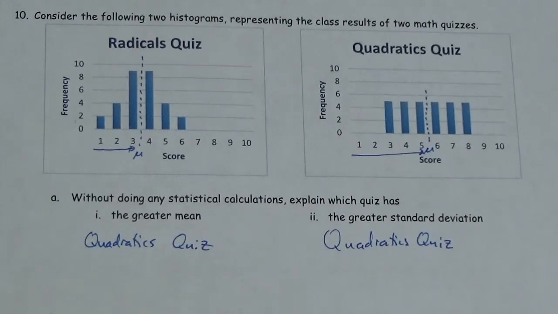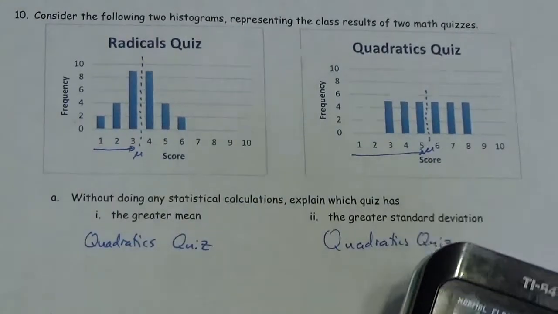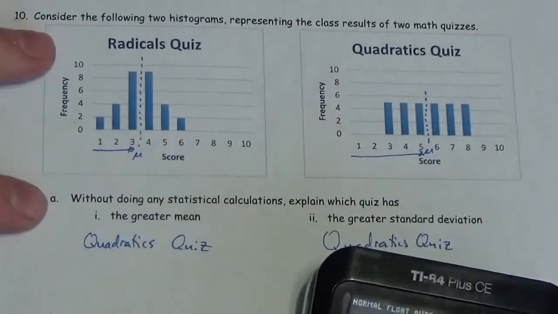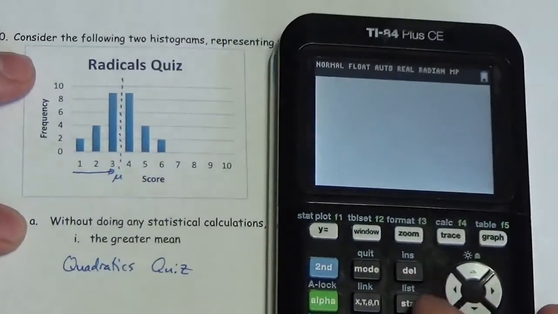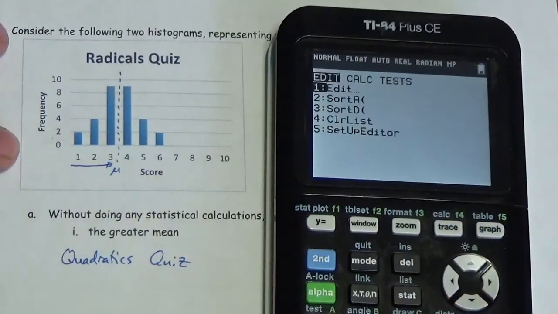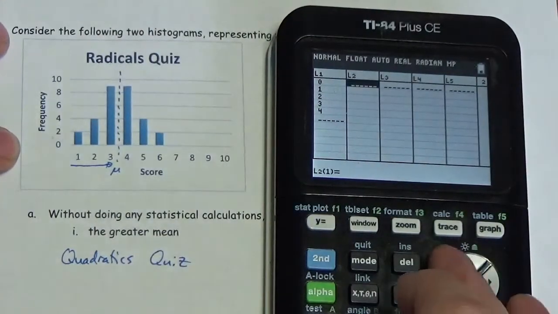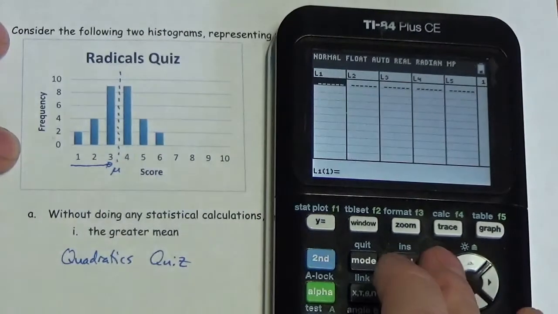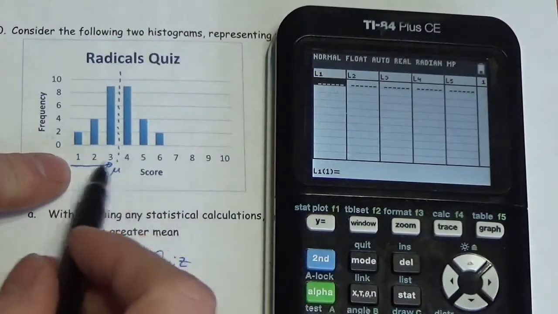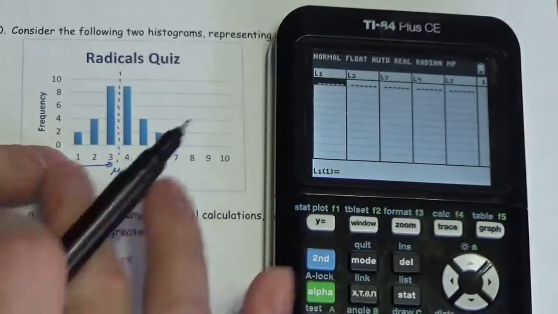Okay, so here's what we're going to do here. We're going to enter in the values from these two charts. So we'll start with the radicals quiz. So stat, edit. I've got data in there, so let's just clear it out. And now my score is going to be along the x-axis.